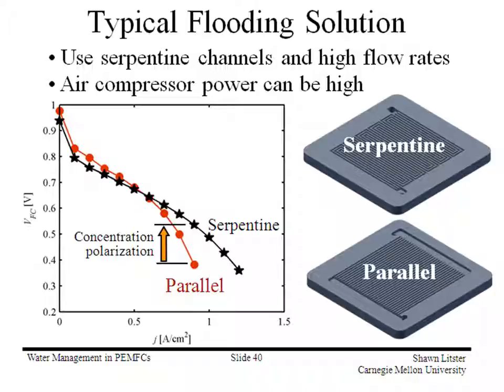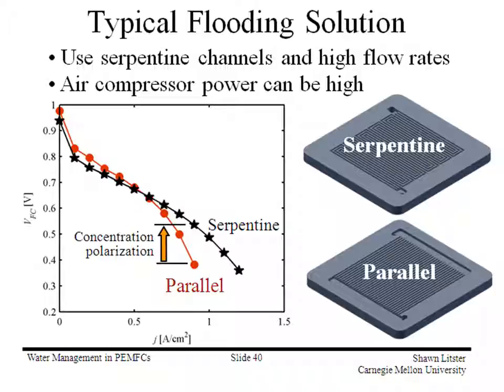What you'll see is that with the parallel channels, the voltage starts dropping compared to the serpentine ones, and that means you hit the mass transfer limit faster in the parallel case than in the serpentine case. You eventually get to the point where the channels will start flooding.